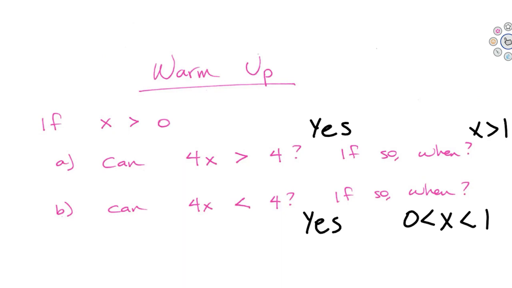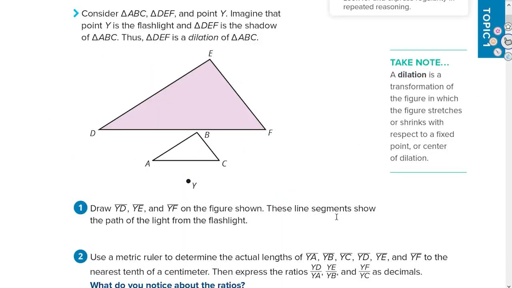We're now going to jump into our module book. We will start on page 447 of your new book 2 of the module book. The previous page looked at a flashlight with a rabbit. I'm not going to do that, but you imagine a flashlight and it will create a shadow that's the same shape but a different size, which helps us think about a dilation.